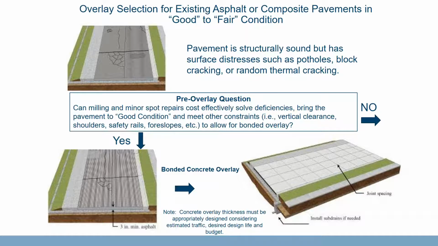If you can do that, it's a candidate for a bonded overlay. If not, you're going to have to look at a different type of rehabilitation, or sometimes may move into actual reconstruction. But if you can do those repairs, if you can meet that good condition, you can certainly do the bonded overlay on the asphalt or composite and move into the shorter joint spacings as we talked about.